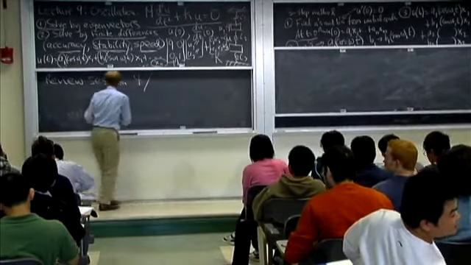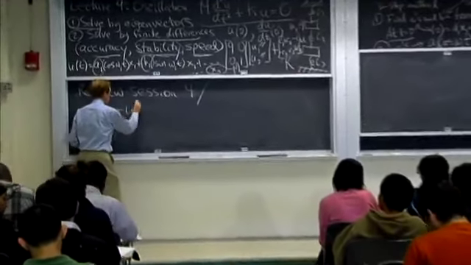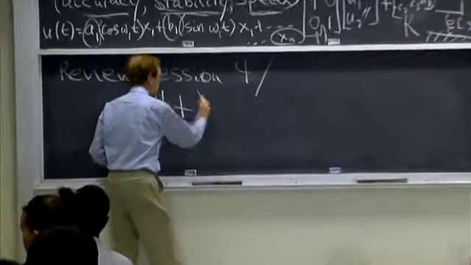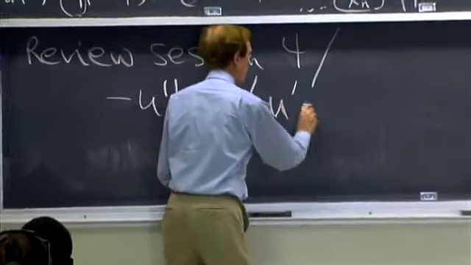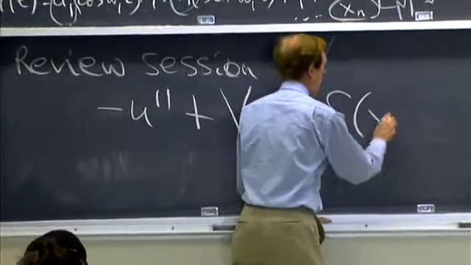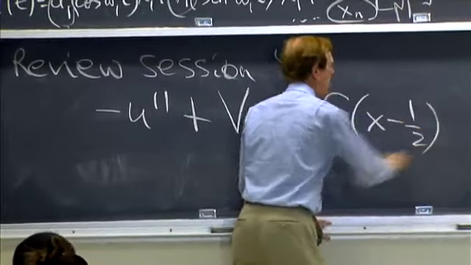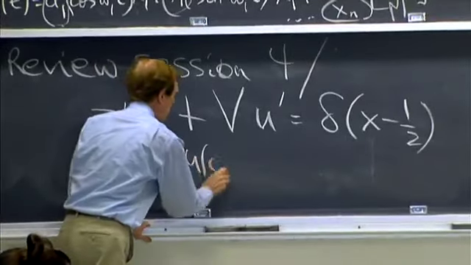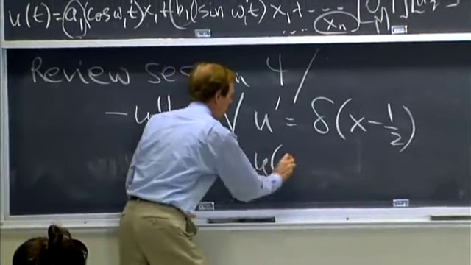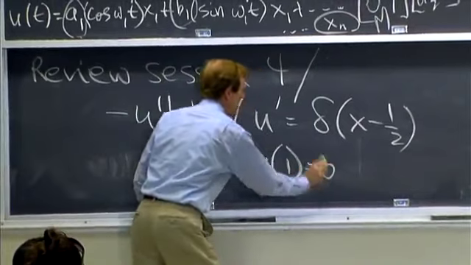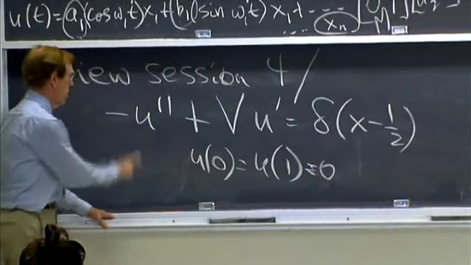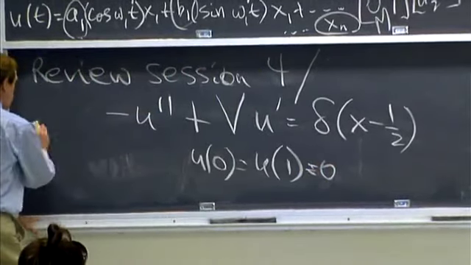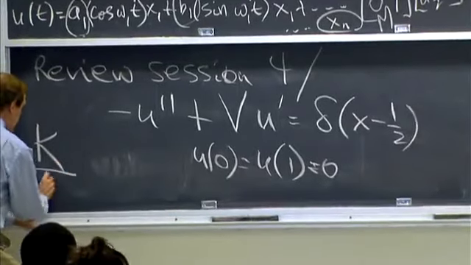It's solving the equation minus u double prime plus v u prime equals some delta function halfway along. I chose boundary conditions so that the second derivative term gets replaced by a matrix K over delta x squared.